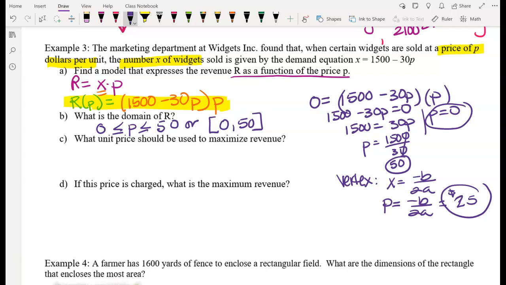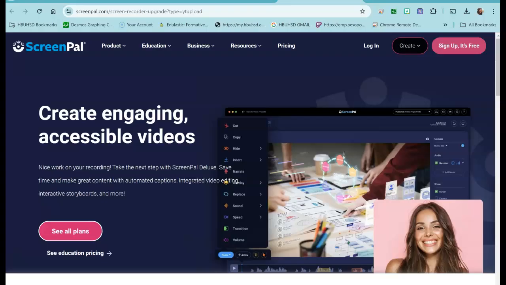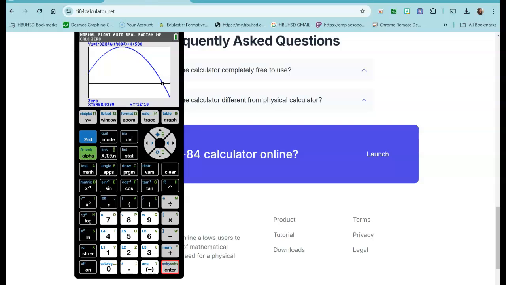But let's confirm that. Don't trust me on the basic math. Let's confirm that with our calculator that I got for free from online, since I can't really use my TI. So let's do, okay. So clear out y equals, and type in our equation of open parentheses 1500 minus 30p, which is 30x, close it, times x.